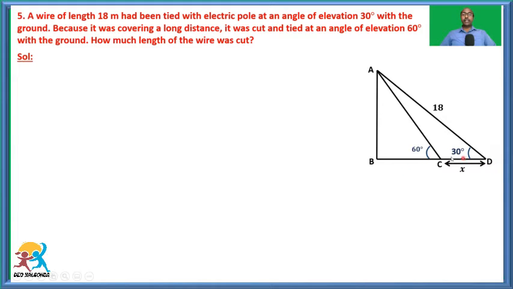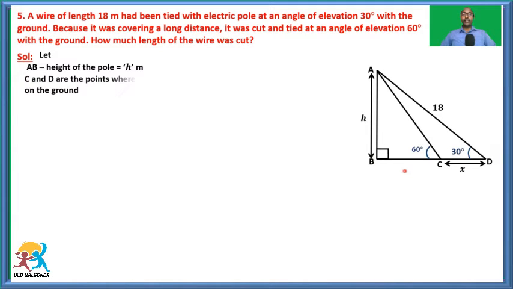Take the distance between C and D as X and AB as H. You know that the angle here is 90 degrees. Now let AB be height of the pole be H meters. C and D are the points where the wire was tied on the ground. Now CD is taken as X meters.